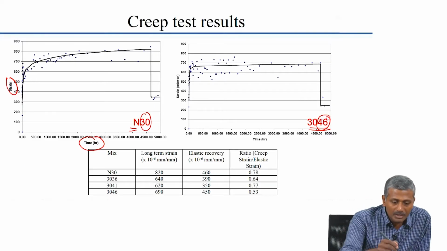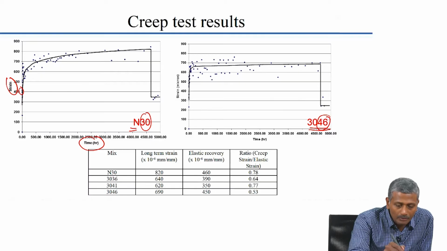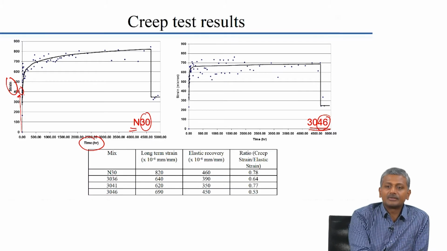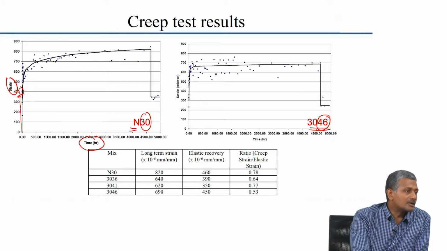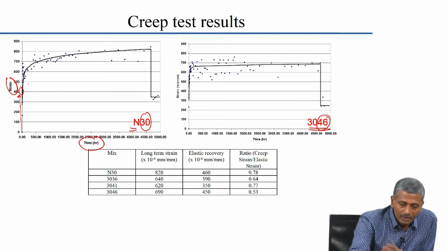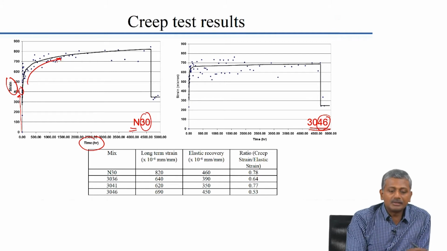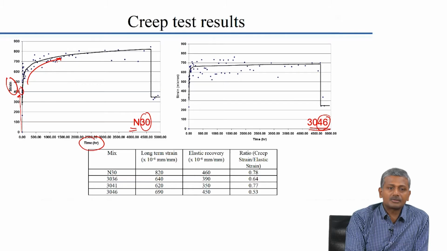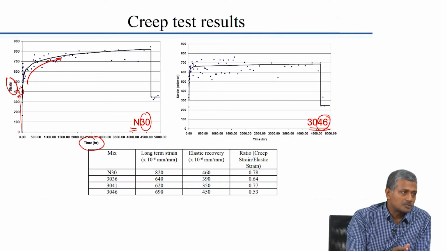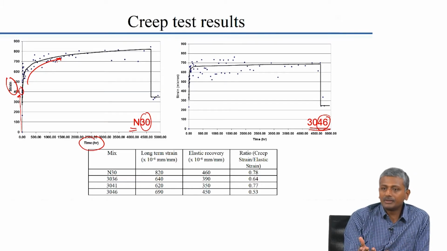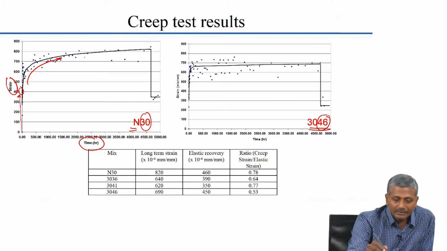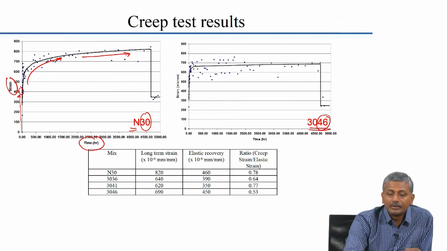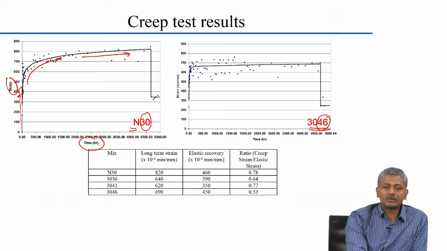Okay. So, you see here that up to a certain load or up to a certain strain, you get an almost instantaneous accumulation of that strain, and that is because of what? The elastic response. This curve is the delayed response that you get, which is composed partially of an elastic response and partially of the creep response, and this constant rise that you see, slow but steady rise of the strain with time, is because of the creep response.